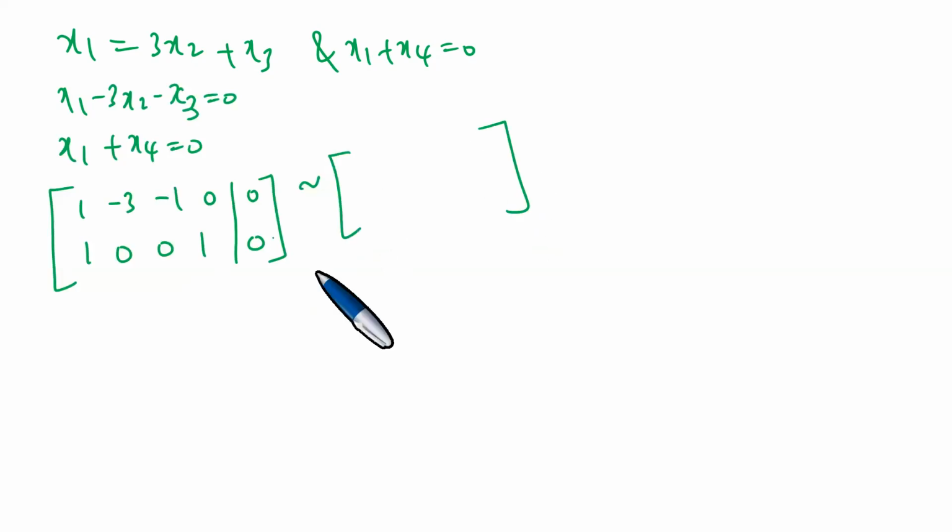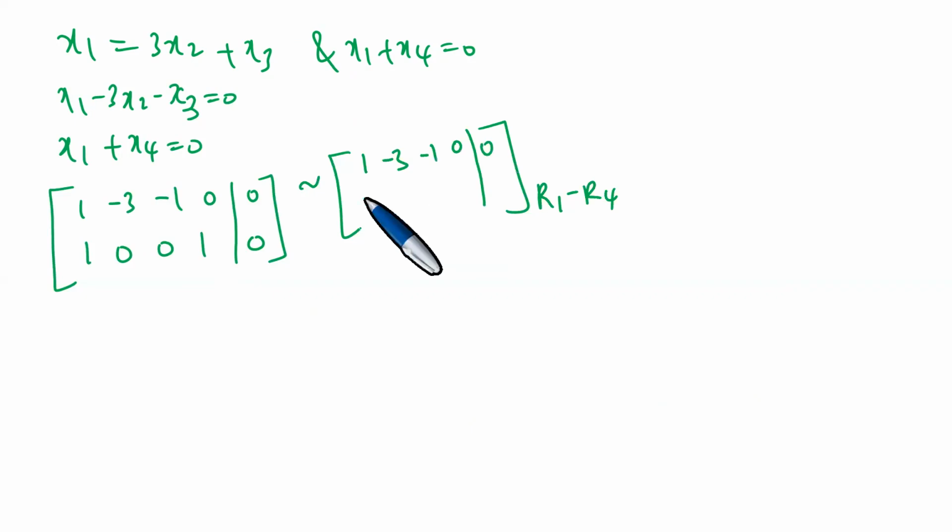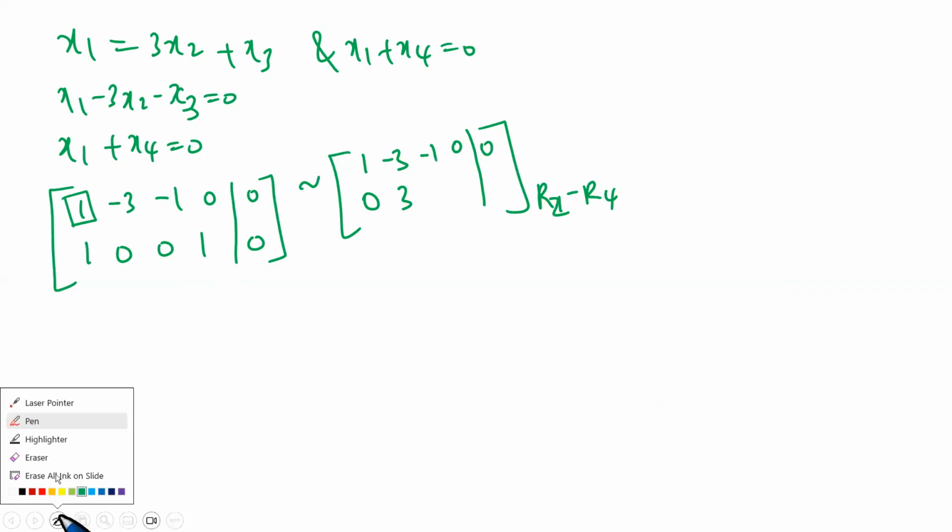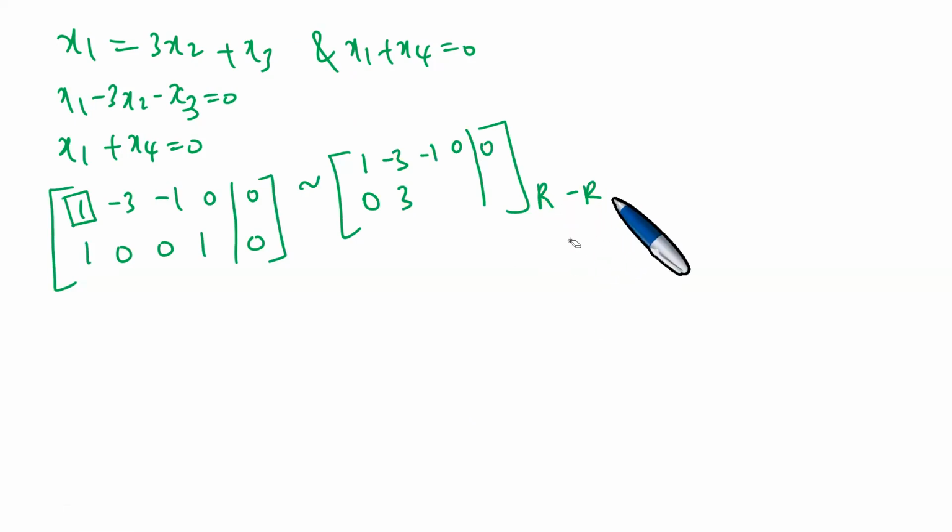When you get to this point, you can reduce these things. Because you have a leading one, you want 0 here. And then you say row 2 minus row 1.